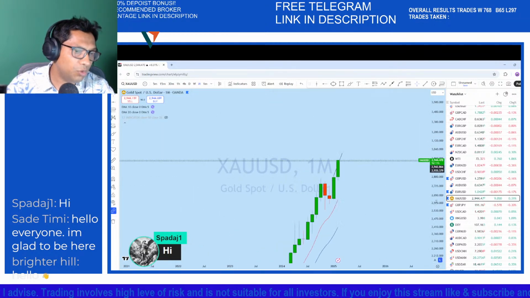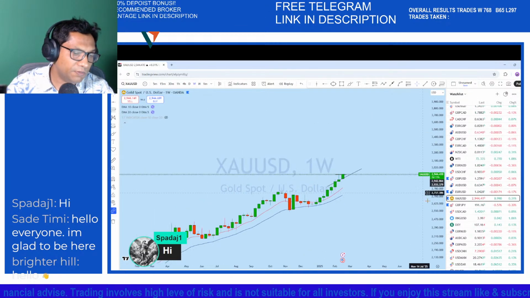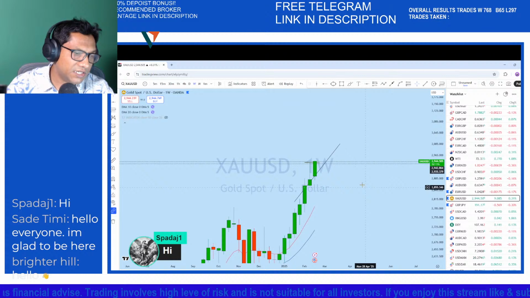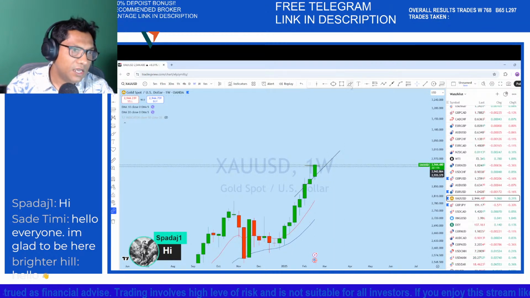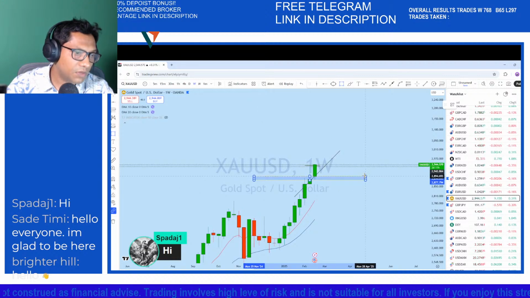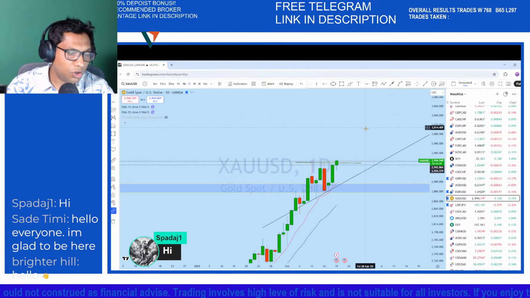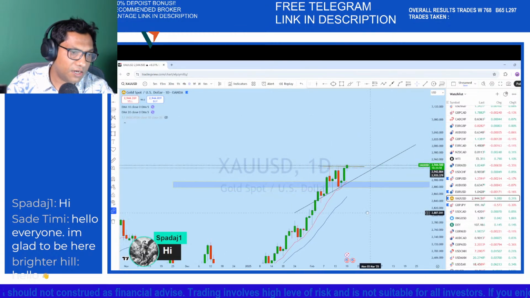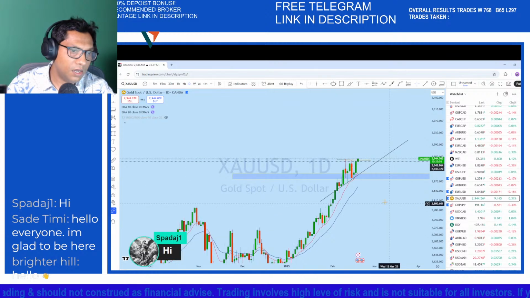On the monthly we can see that it is strongly a bull market. From the weekly perspective, we also see a pretty strong bull market. There's a gap open, and from this support level the market managed to break out. Dropping down to the daily, we can see the market is a very strong bullish market.